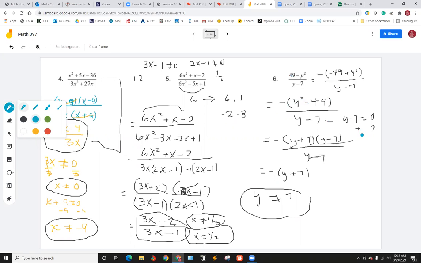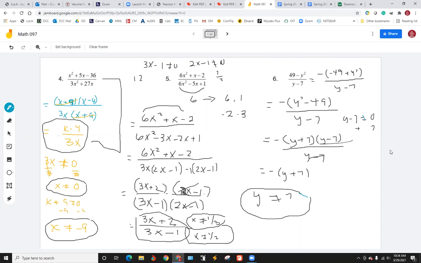And then in the denominator is the y minus 7. So the y minus 7 can't be equal to 0. So y is not equal to 7. So that's the first part.